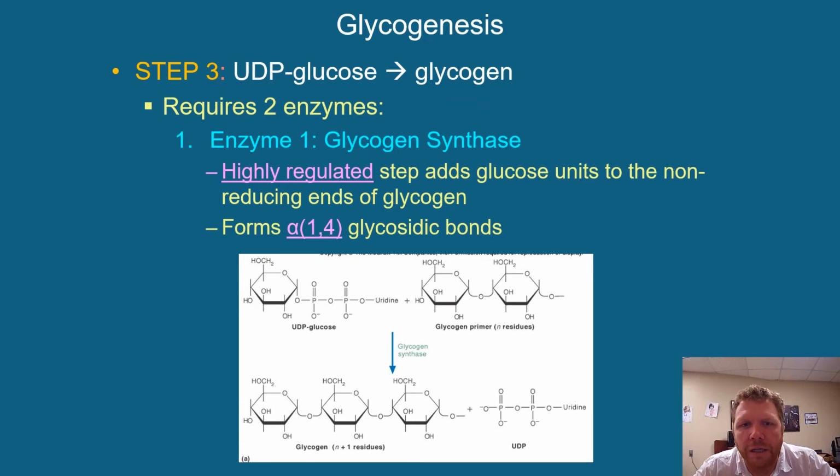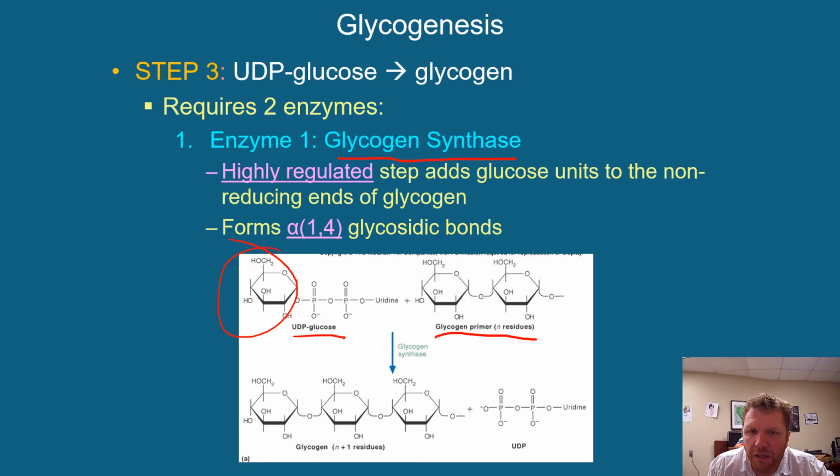Now, in glycogenesis, UDP-glucose is added to a glycogen primer. Our first enzyme in this, of the 2 enzymes that are used, is known as glycogen synthase. What glycogen synthase is going to do is see a glycogen molecule that is already present with UDP-glucose, and add glucose onto this chain.